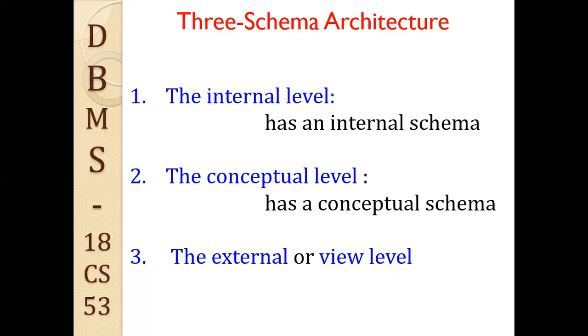Here is what happens. An external schema describes just the part of the database that a particular user is interested in, and it hides the rest of the database from the user group. For example, take a banking database.